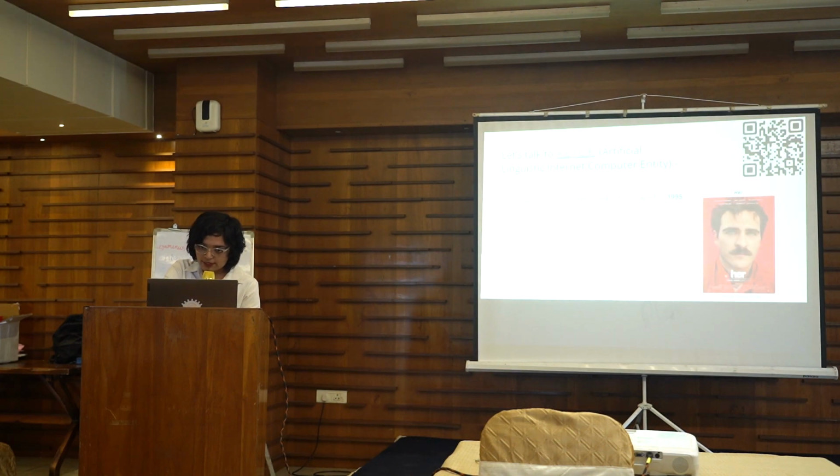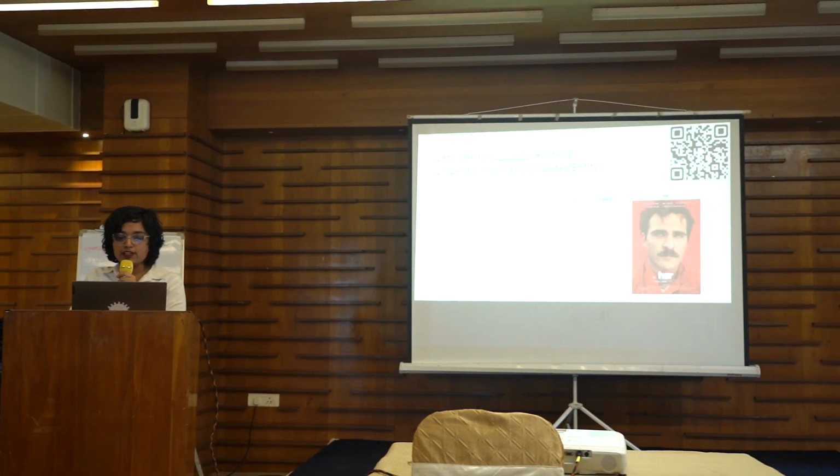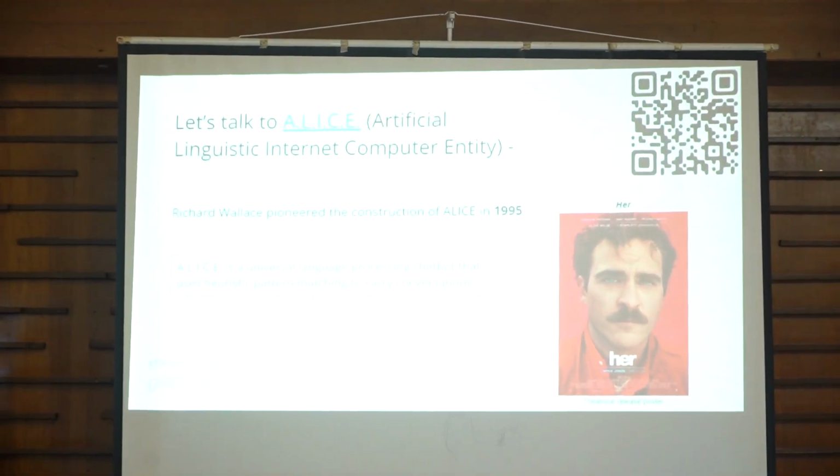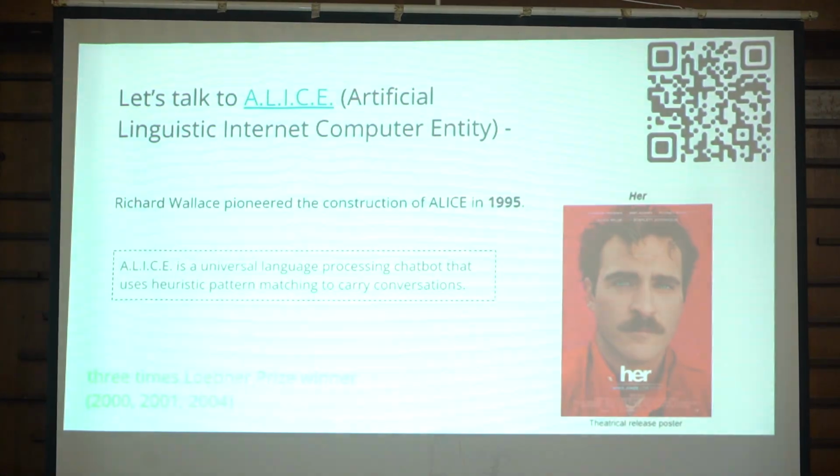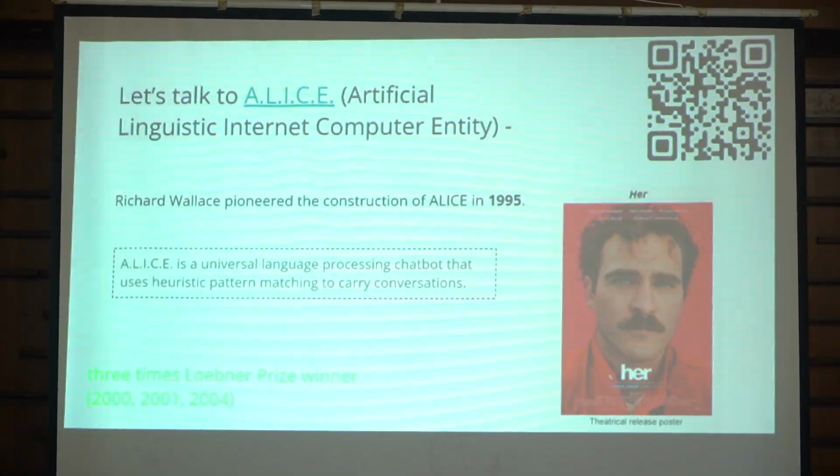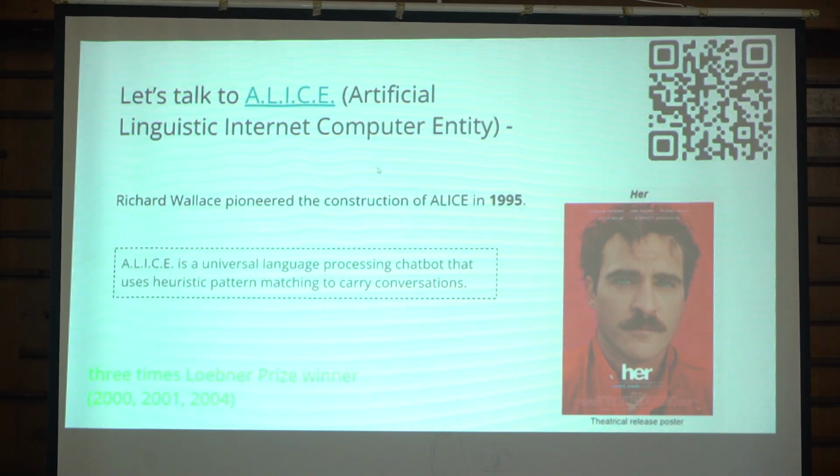So then next was in 1995, Alice came out, and actually this was really impressive. You can see that it was a 3 times Loebner Prize winner, and Loebner Prize is an award which goes to humanoid talking chatbots. So the full form of Alice, as you can see, is Artificial Linguistic Internet Computer Entity, and this was also the inspiration behind the movie Her, if you have watched it. Or again, another weekend recommendation.